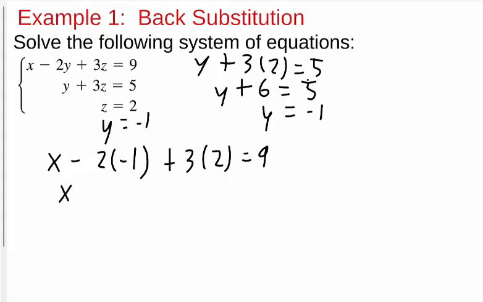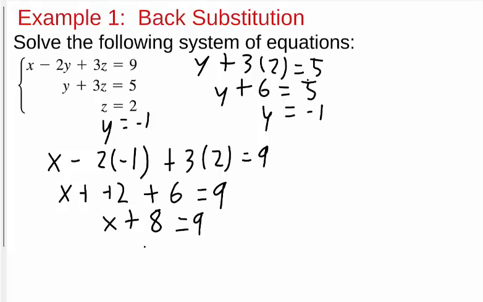So we know that x minus negative 2 plus 6 equals 9. Remember that minus a negative is plus a positive. So we have x plus 2 plus 6 is 9, so x plus 8 equals 9. So x is equal to 1.